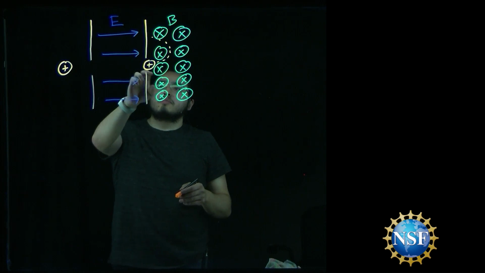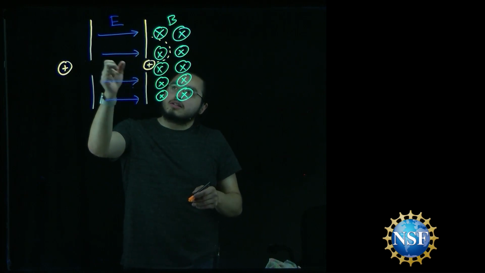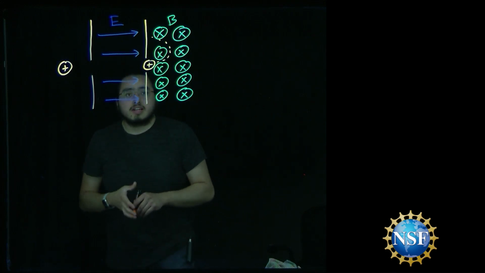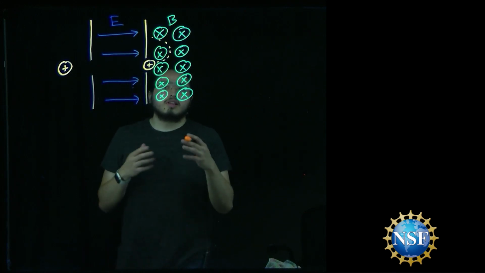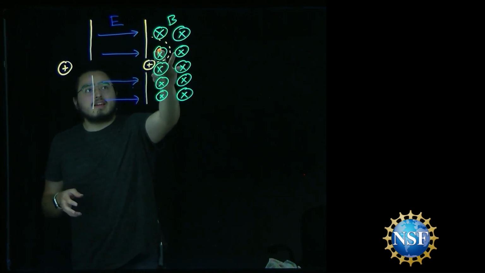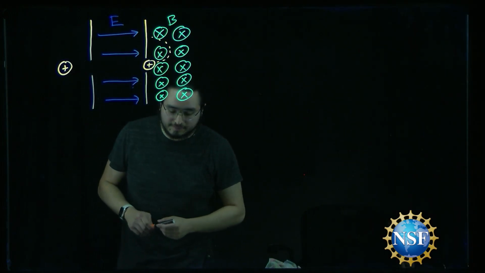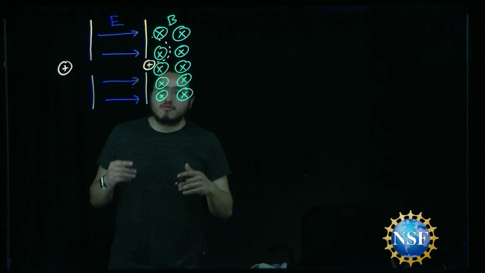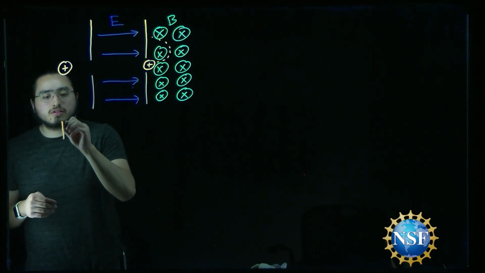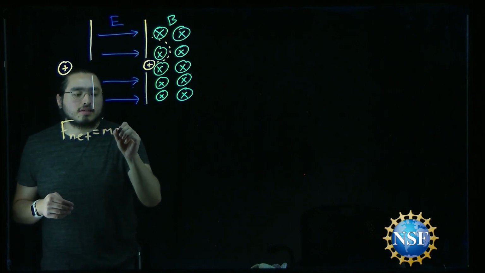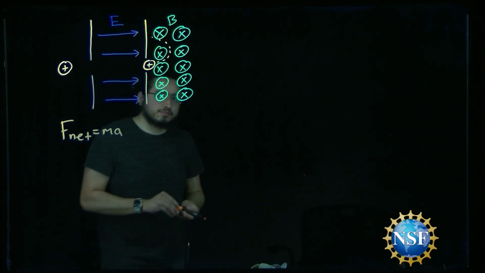At this point in time, once we exit the effects of the electric field, it feels the effects of the magnetic field. And that's it. That's the only thing going on in our system when our particle enters this region where the magnetic field exists. So we know that the net force of our system, thanks to Newton's second law, should always equal mass times acceleration.